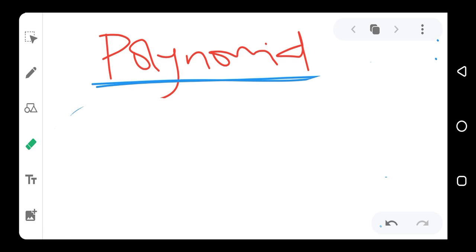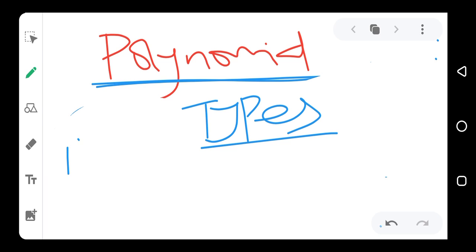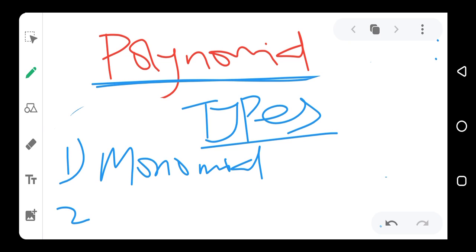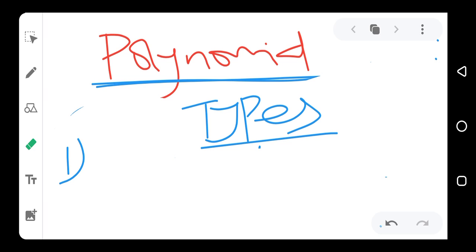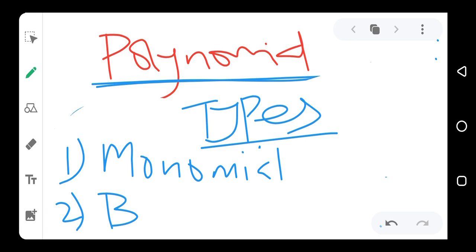The types: 1, monomial, 2, binomial, and 3, trinomial.